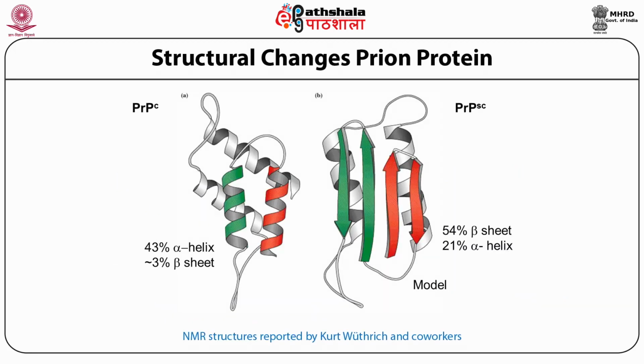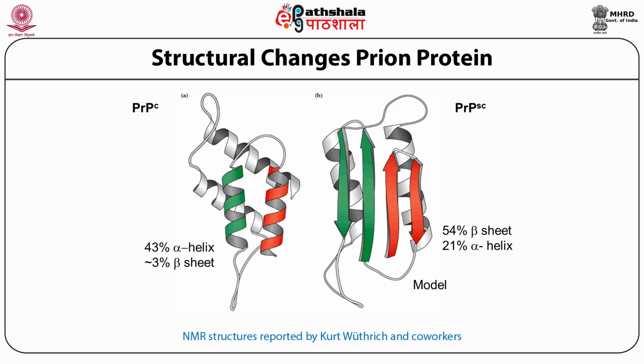The one which we have seen, the crystal structure of prion protein, is the left side, where it has 4 alpha helices. This is the soluble conformation of the protein, where we have about 43% alpha helix, 3% beta sheet, and most of it is random coil or a coil region.